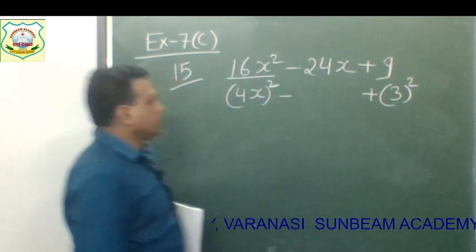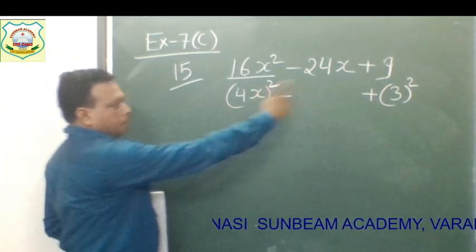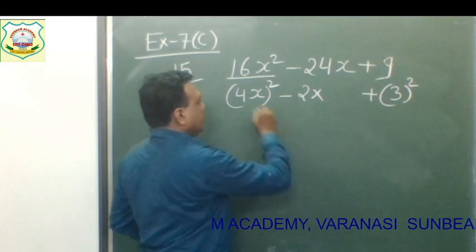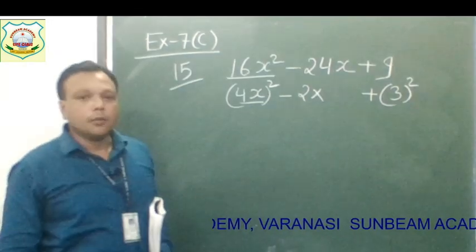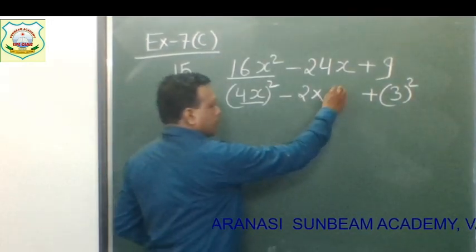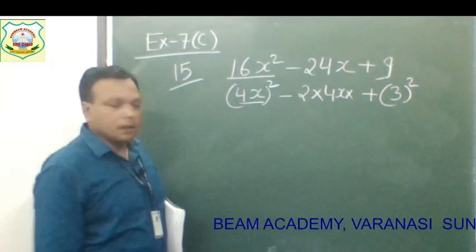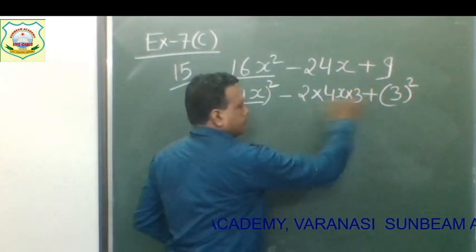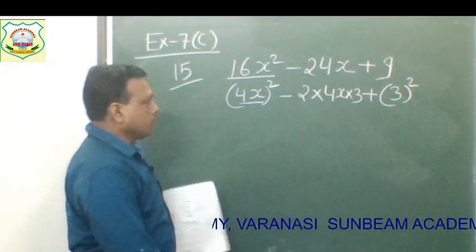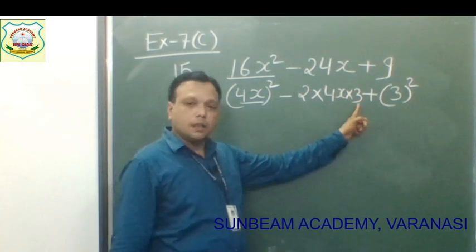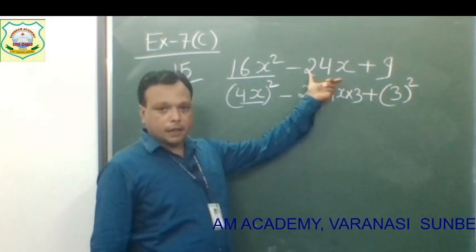Now, students, a square plus b square minus 2ab. 2 multiplied by a, which is 4x, so we write 4x, multiplied by b, which is 3. We can check also: 2 fours are 8, 8 threes are 24, so 24x.